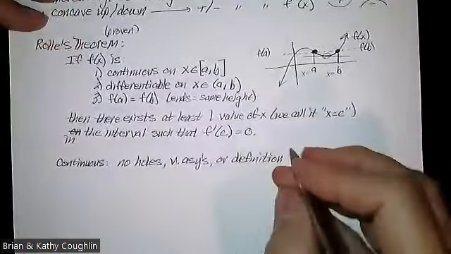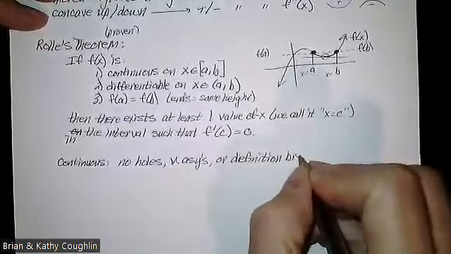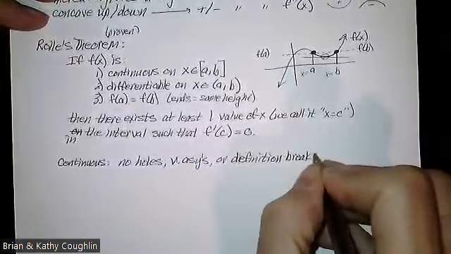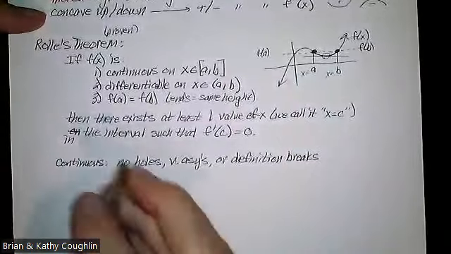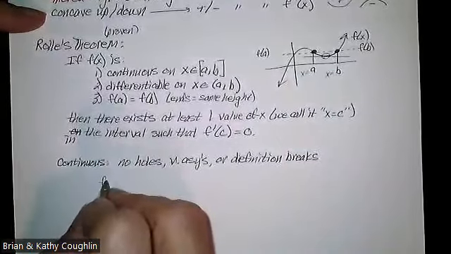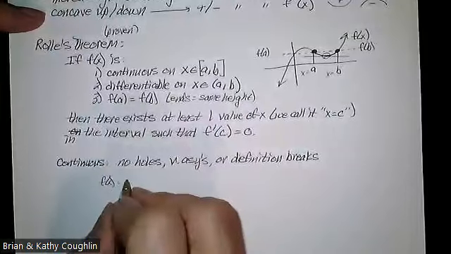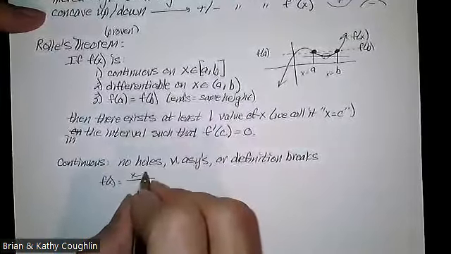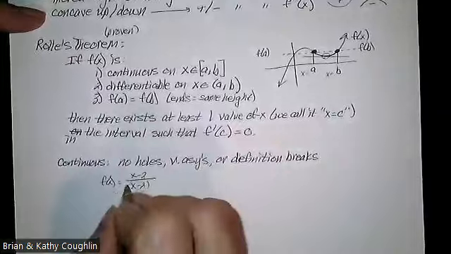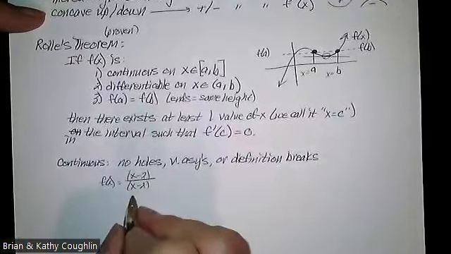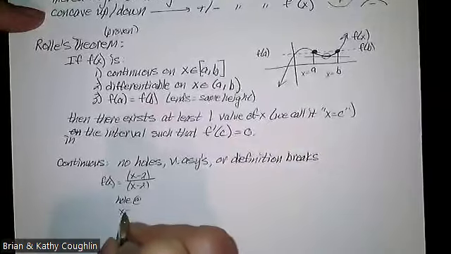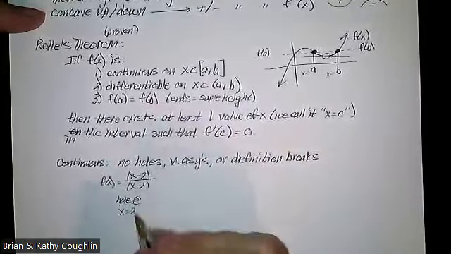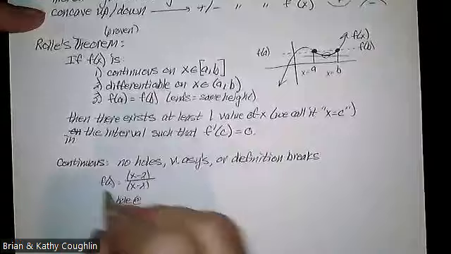So no holes, vertical asymptote, or definition breaks. Now we know from past experience that holes are when you have, let's say, x minus 2 over x minus 2, where you have a division by 0. Like this would be a hole at x equals 2, and you could even find the location of it by plugging the x in.